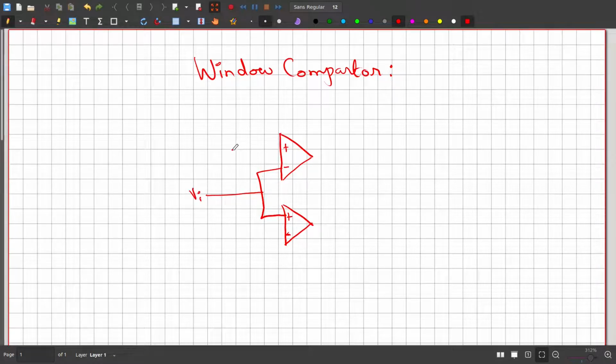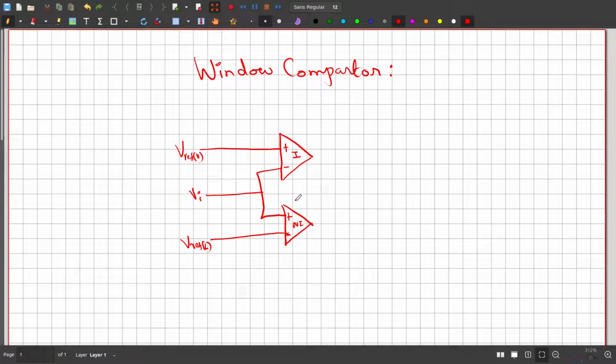This is an inverting op-amp, this is a non-inverting op-amp or comparator. So this is the high voltage reference, V ref of H, and here it's V ref of low voltage.